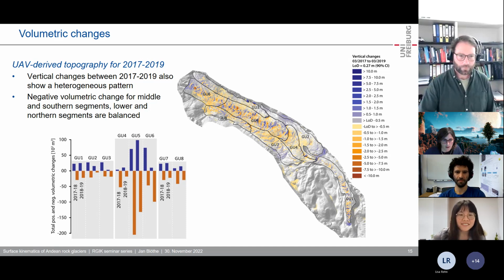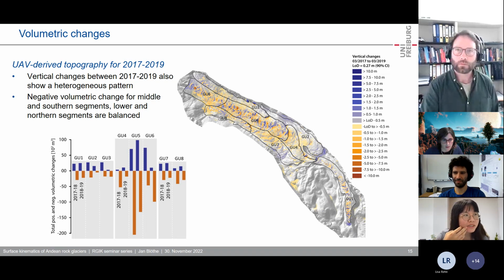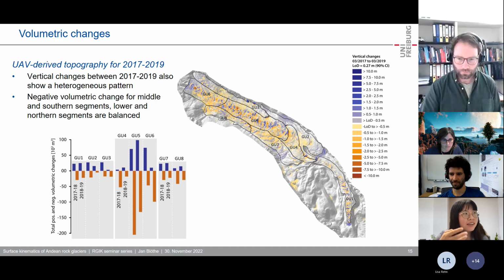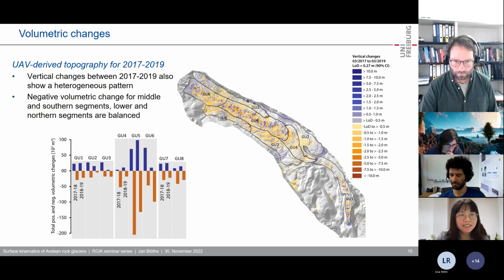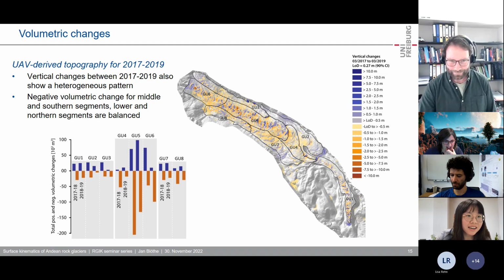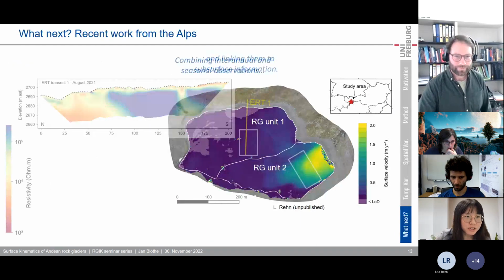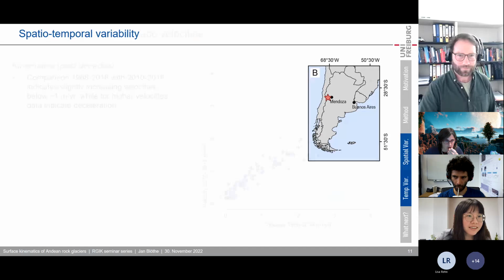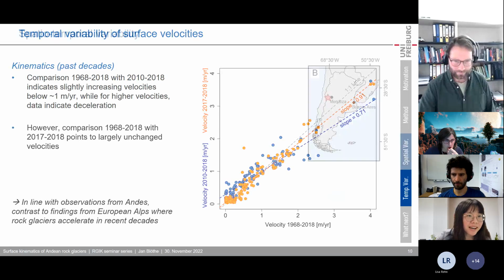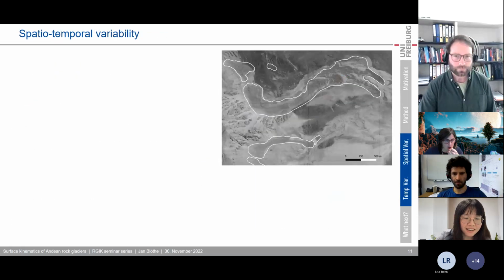Thank you for your answer. Then I have another question regarding one slide where you showed an unpublished work, where you show the seasonality of rock glacier movement, and also you show some subsurface information detected by ERT.